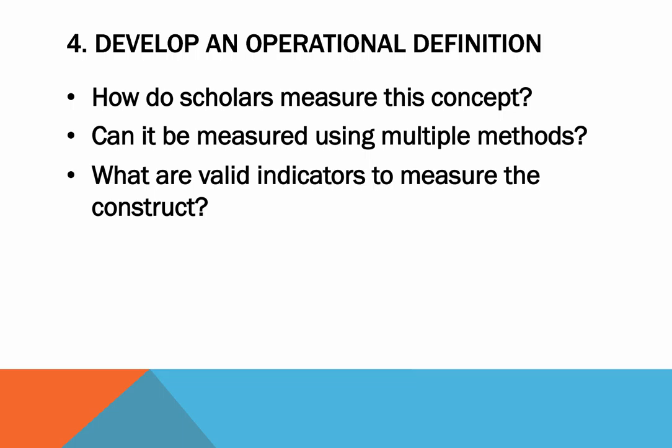So what you want to do is, first of all, figure out how it's been measured. And what you'll find, whether it's a survey method or a content analysis method, is that it's measured differently, okay? And if you're in a qualitative research stage, what you're trying to do is, first of all, figure out how people define that concept and identify potential items that could be used by future researchers.